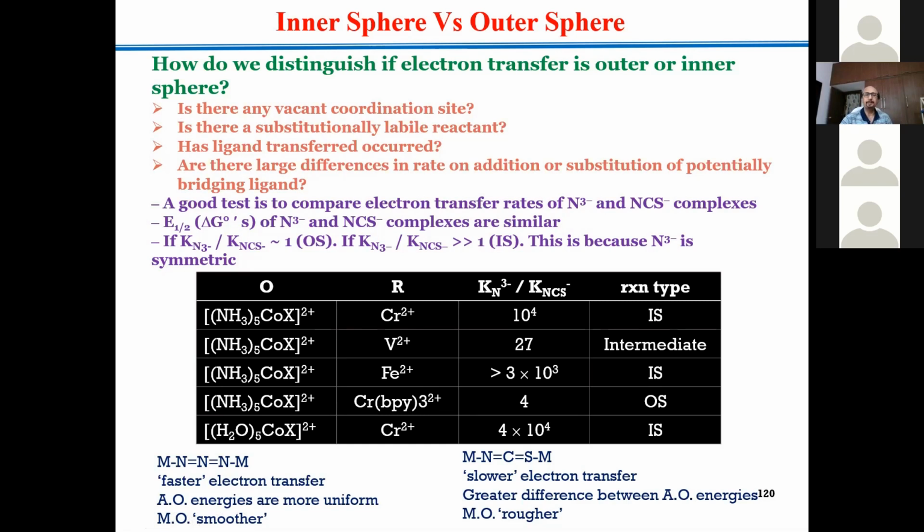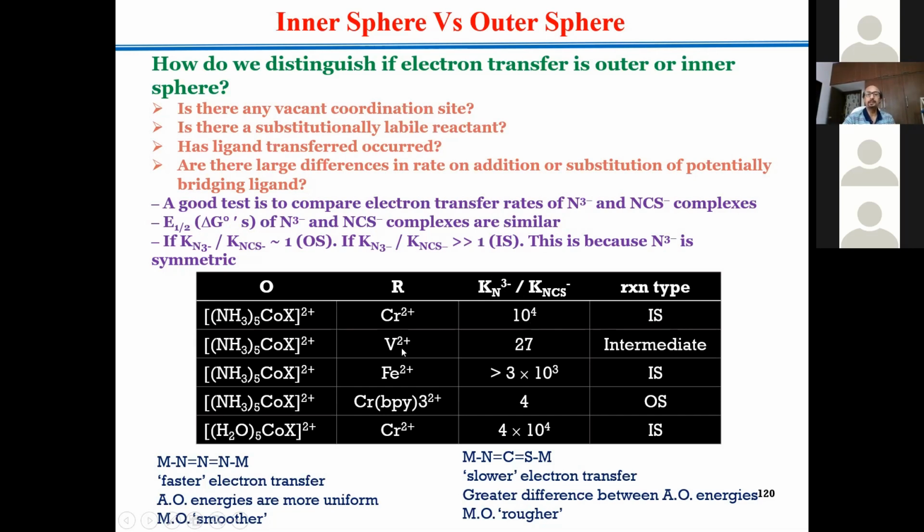So this makes the electron transfer very fast, and this slows it down. If you have a particular set of oxidant and reductant, determine the electron transfer rate using azide and thiocyanate, and if the ratio is too large, that means it is inner sphere.